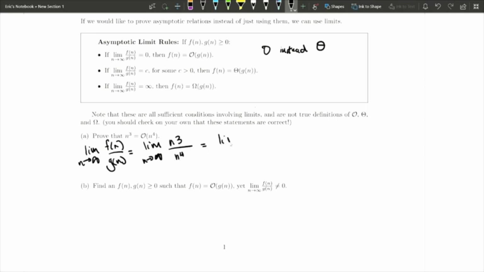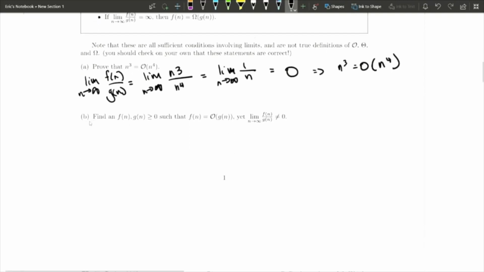Let's divide n cubed on both sides. So we get 1 over n, and we know this converges to 0. So that means that n cubed is O of n to the power 4. Awesome. Let's move on to 1b.